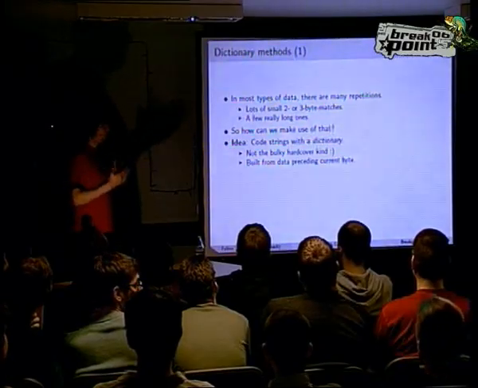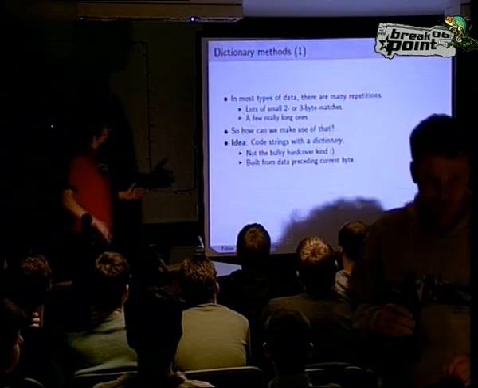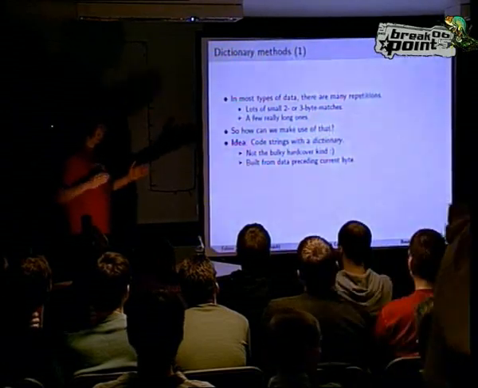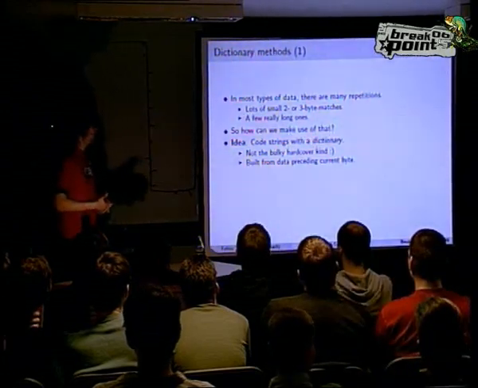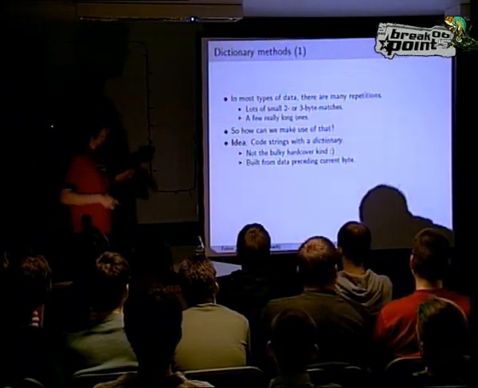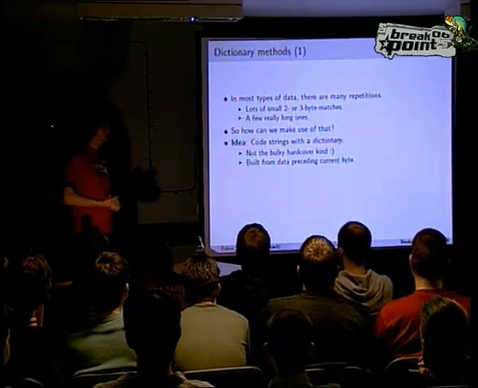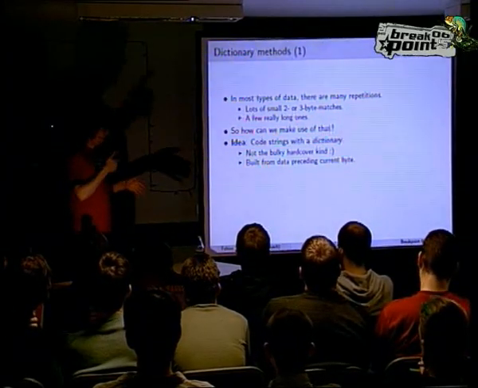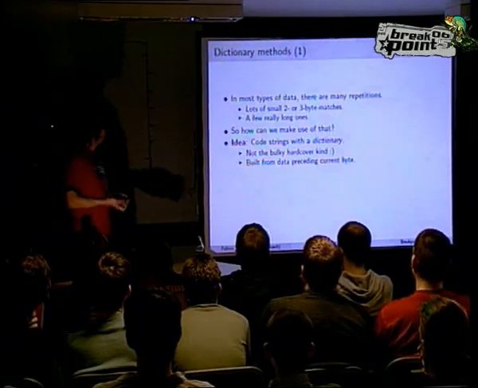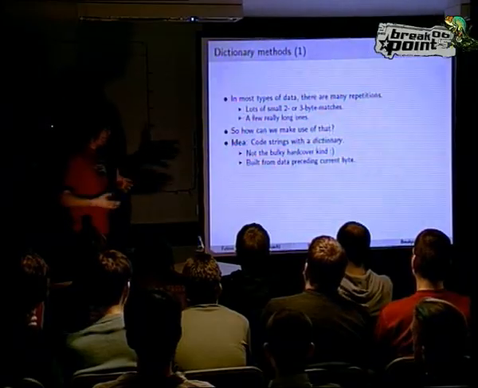And the idea is that you don't code each character individually, like you would in our previous section, but instead try to code whole strings with a dictionary, which is not the normal hardcover kind. You don't have a book of English words used for that, but rather you build a dictionary from the data you've seen so far, from the compressed data. That's the idea, because again, this ensures that your dictionary actually matches the data. If not the current data, at least the past data.